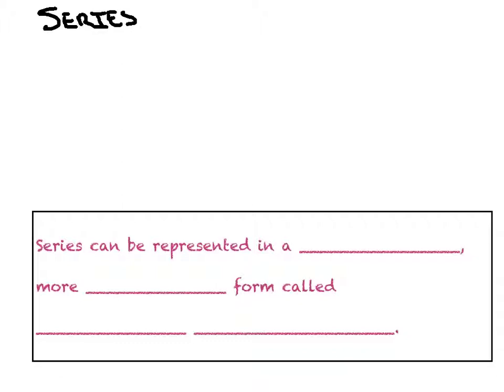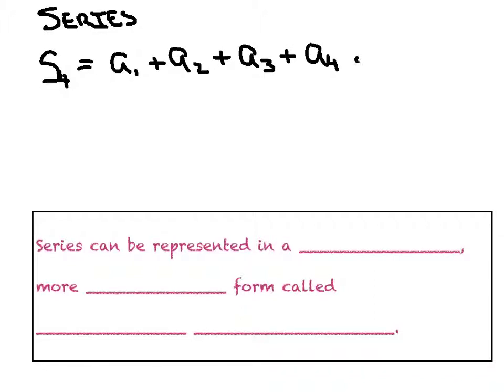So, for instance, if I see a big capital S with a subscript 4, what that means is they want me to add only the first 4 terms together. So S sub 4 would be the first term plus the second term plus the third term plus the fourth term, and then we would stop right there. I'm going to put a period there to emphasize the fact that we are stopping.